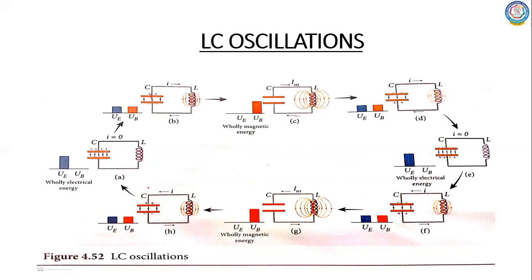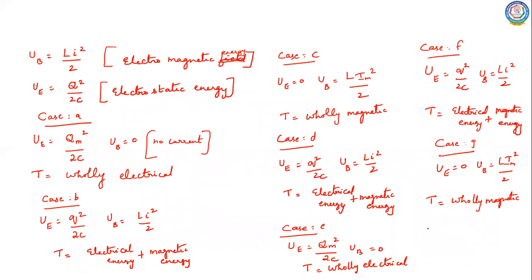Once again positive charges are getting accumulated in this plate and negative charges in this plate. Current flow is in the anti-clockwise direction, and the total energy is the sum of electrical energy and magnetic energy. Okay, so this is case H.